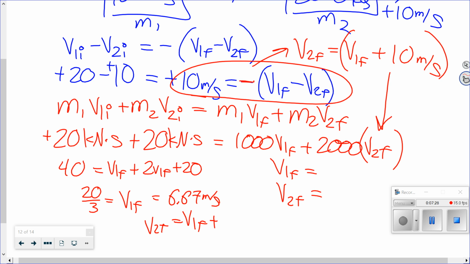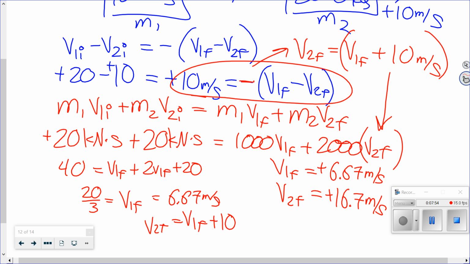Okay. Did you get plus 6.67 for V1, rounded to 3 sig figs? It comes up real fast. It's the less massive object. It smashes into the other one, but it doesn't bounce off. The other guy's already moving. So I would take my own advice and divide everything by 1,000.